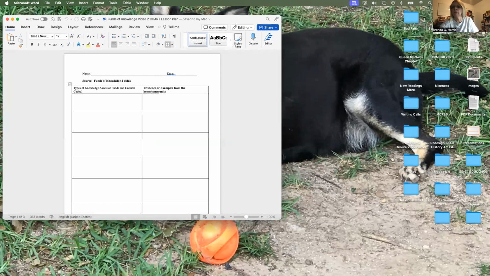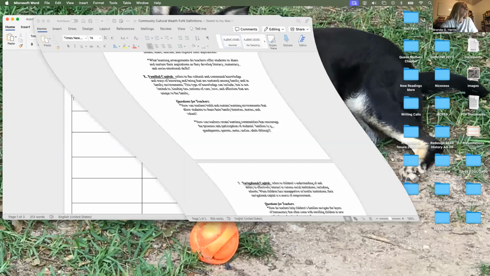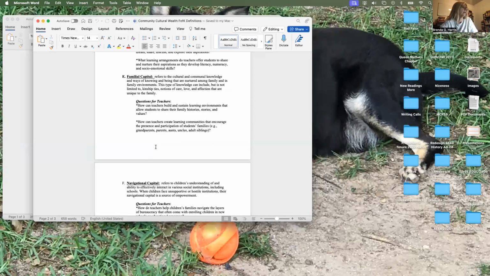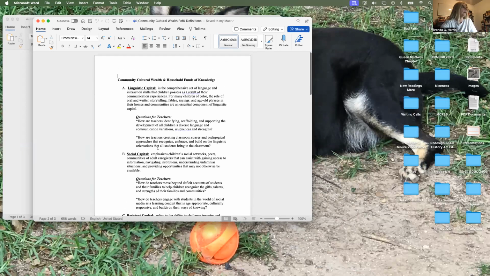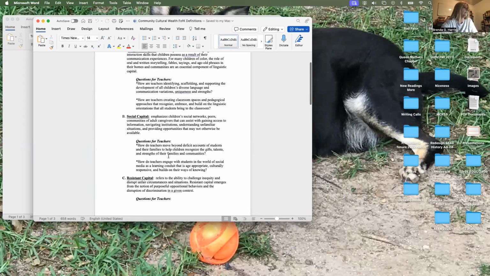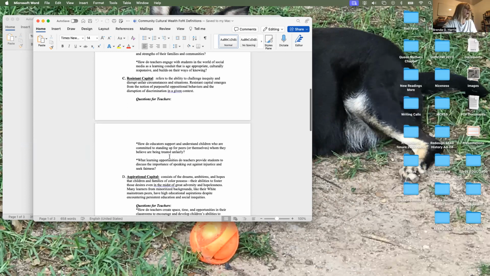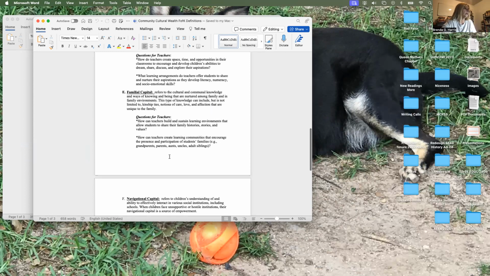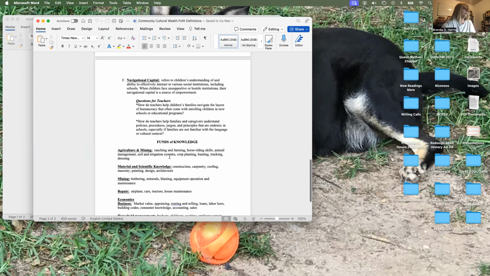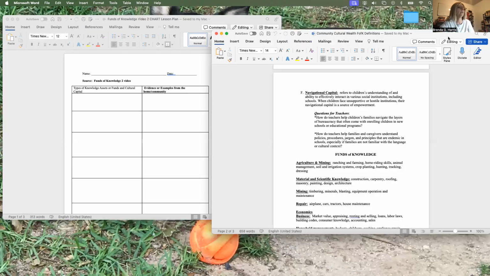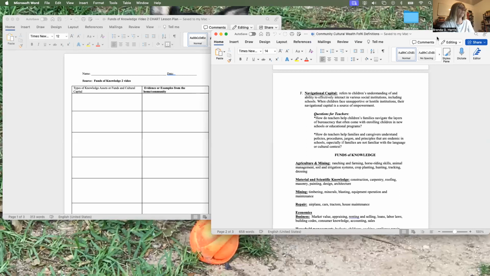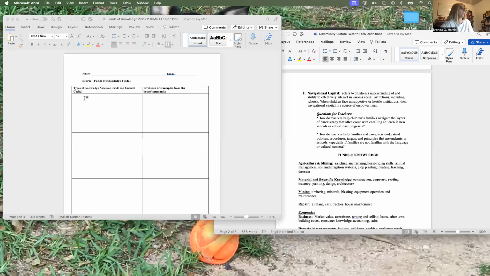You're going to want to keep this other paper handy, because you have to look for what it is that you are seeing. We have to be able to identify what we saw on the video.